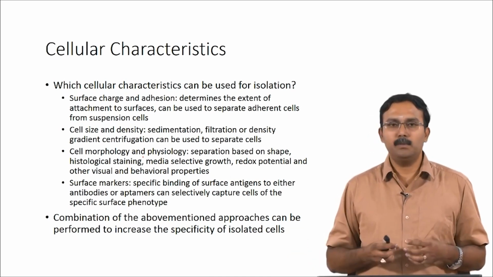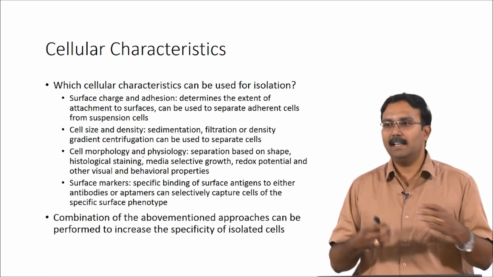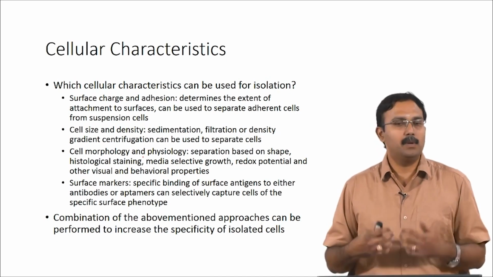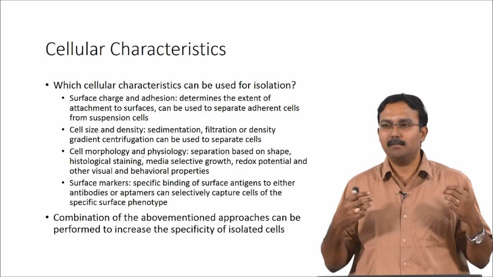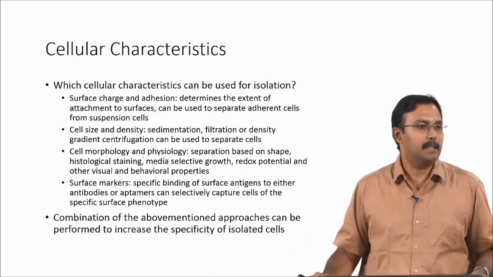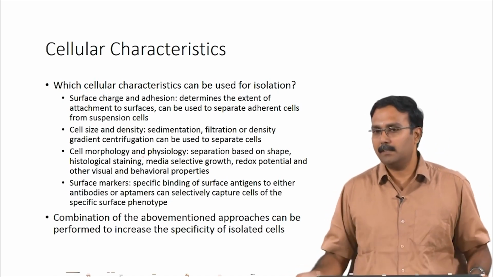So, what people usually do is perform one of the first three options first and then perform the last one. That way you do a combination and you get a much higher chance of getting much higher purity, right. This is very commonly done for getting specific cell types.